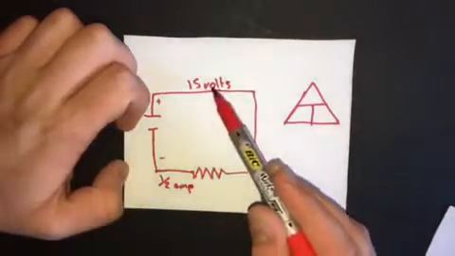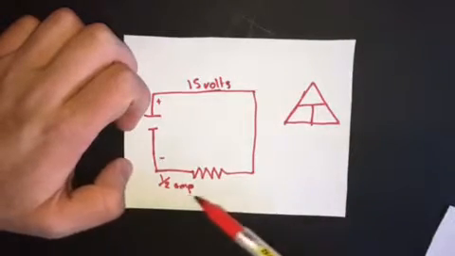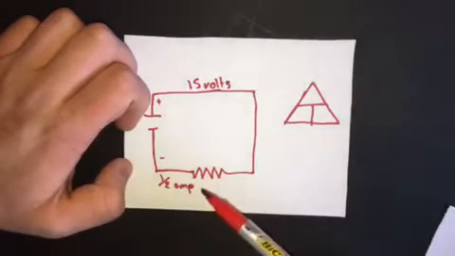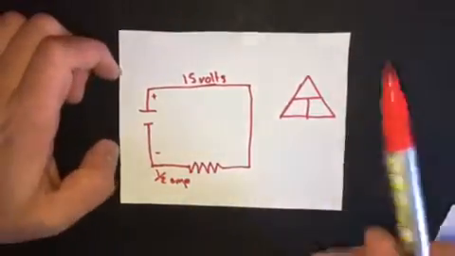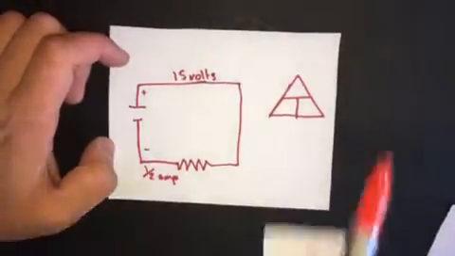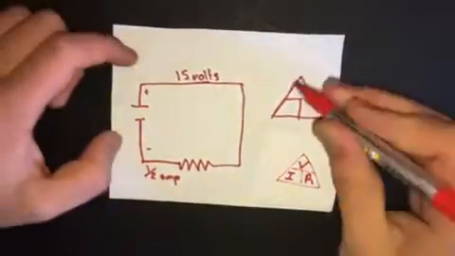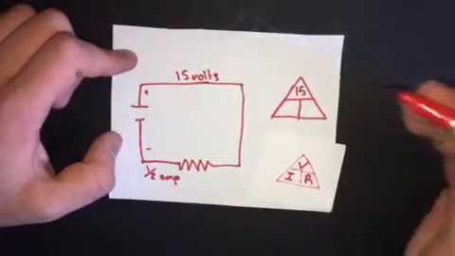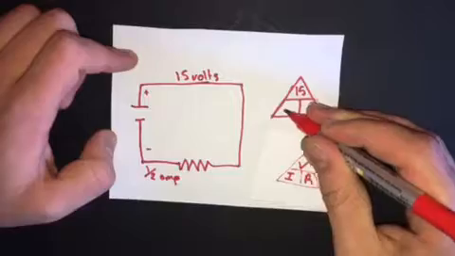So we have the initial energy and the current we want, and what we need is the resistor. Now we substitute the values within our little triangle. We have the volts, which is 15, and the current, which is 0.5.